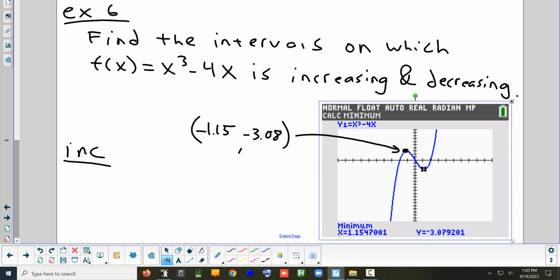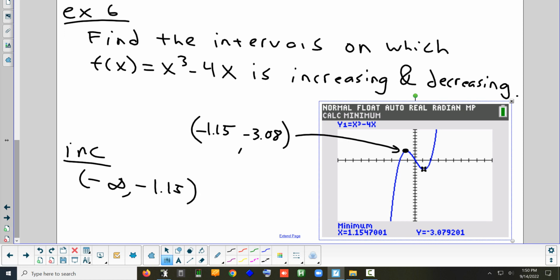Can somebody give me one interval in this graph where it is increasing? Remember, you give me an interval, you're giving me x values. From negative infinity to negative 1.15.